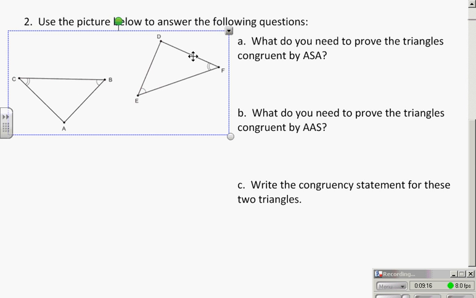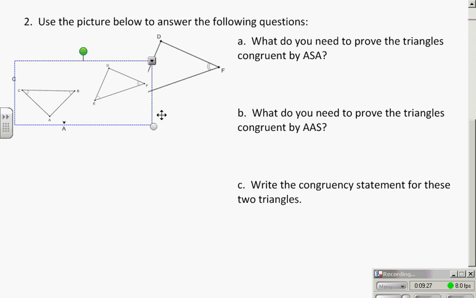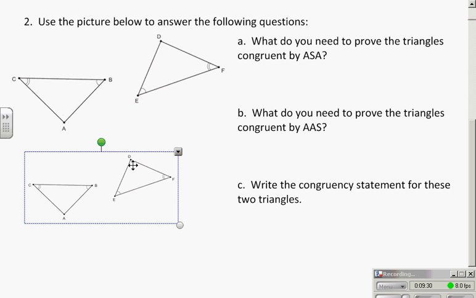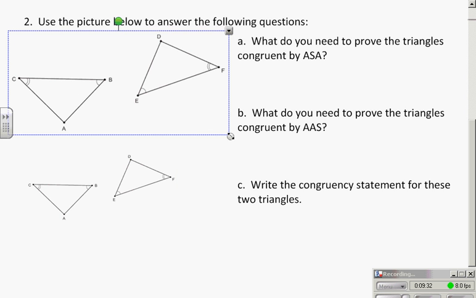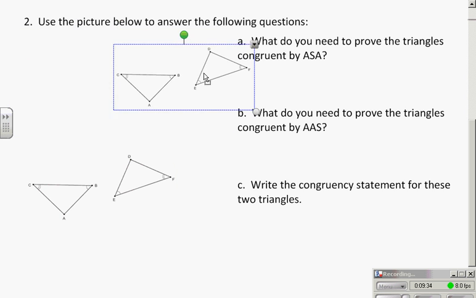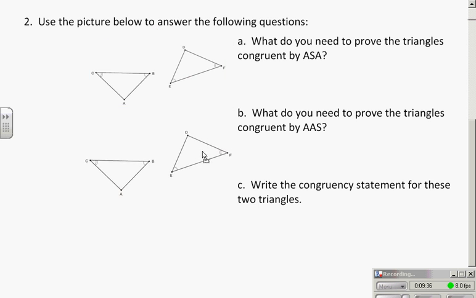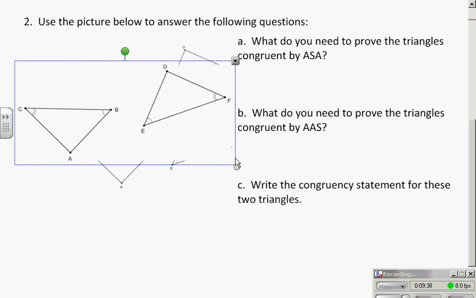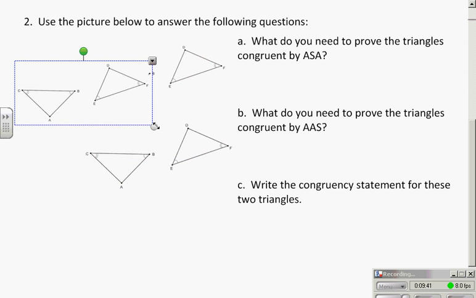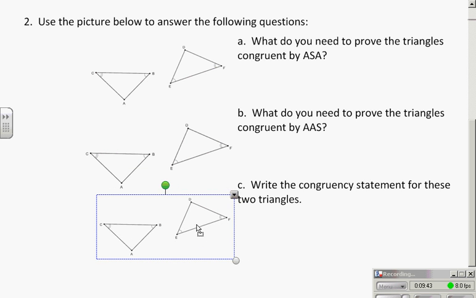This example is hopefully to help you see the difference between angle side angle and angle angle side. I'm going to cheat a little bit here, and I'm going to copy this and see if I can paste it and make it a little smaller so that we can look at multiple examples of this angle side angle, angle angle side property.